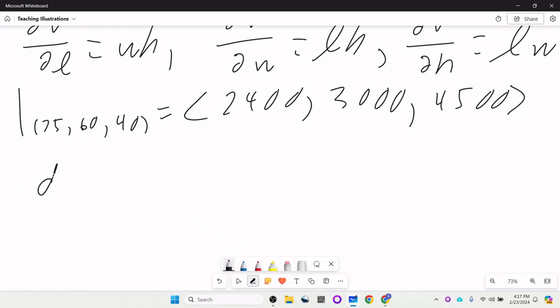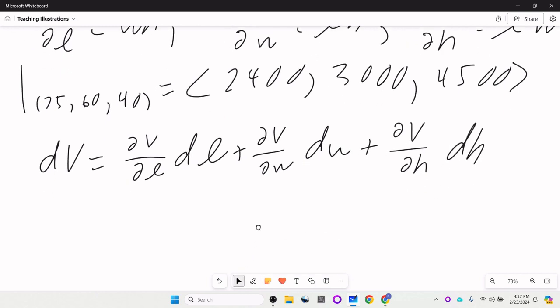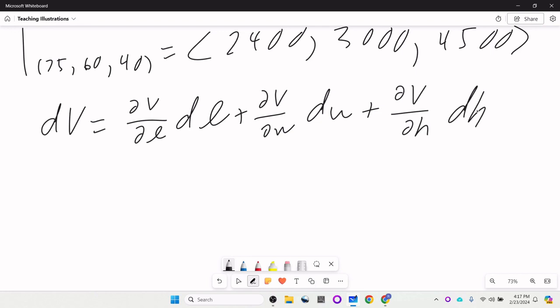So we need dV. Now since there are three variables this time, it's del V, del L, dL, plus del V, del W, dW, plus del V, del H, dH. Same process, just one extra dimension to take care of. So that would become, looking back up, del V del L was WH, so 60 times 40 is 2400 dL.